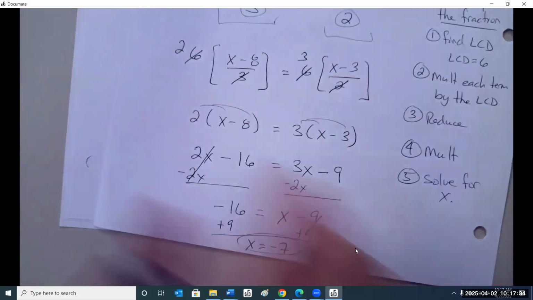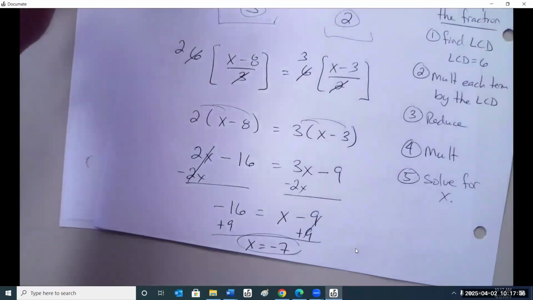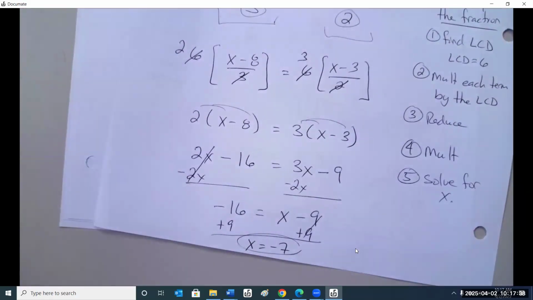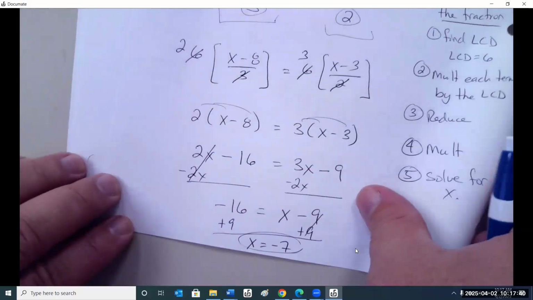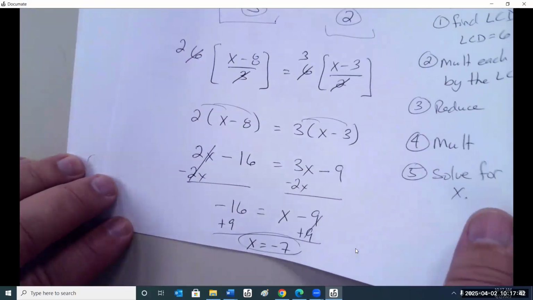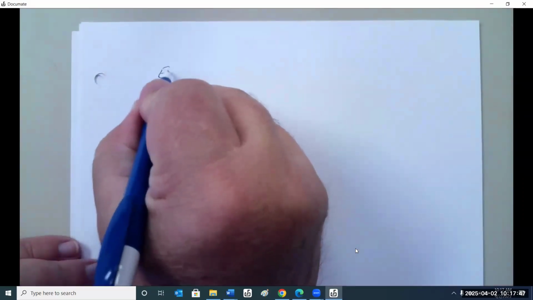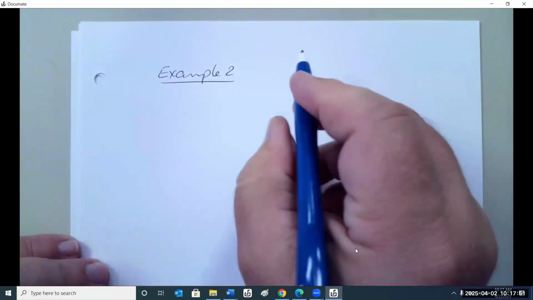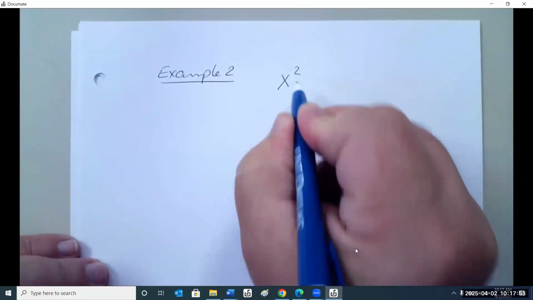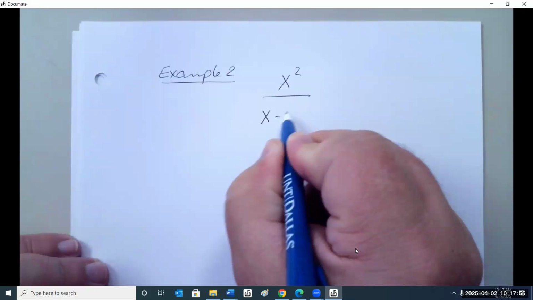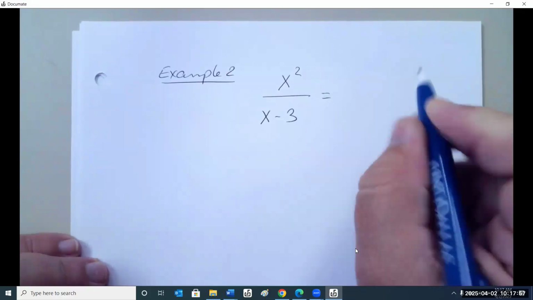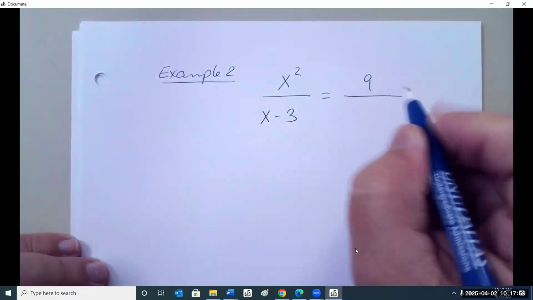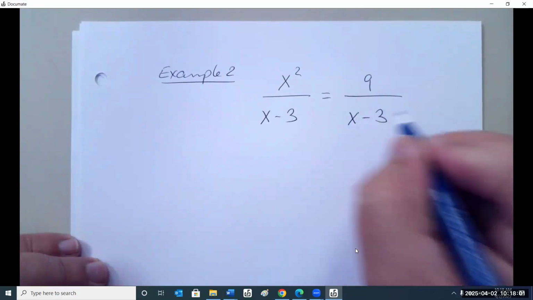Let's look at another example. We have x squared over x minus 3 equals 9x minus 3 over x minus 3.